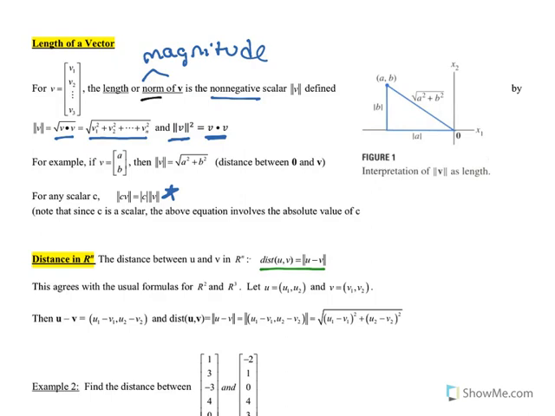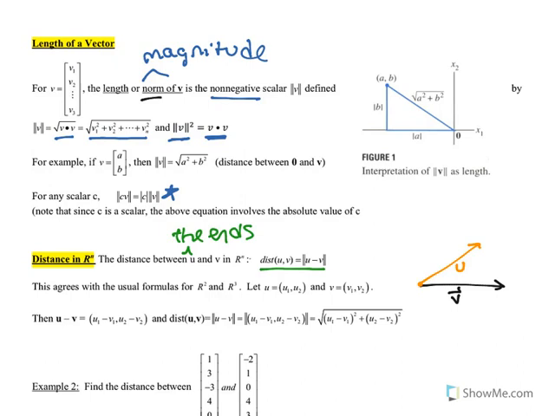I know some of this is a little bit confusing, but for the distance between vectors, I want to make sure we know the ends of those vectors. You can think about that as the Pythagorean theorem, but you can also think about it this way. Let's make a little diagram: a vector v here, and a vector u here.